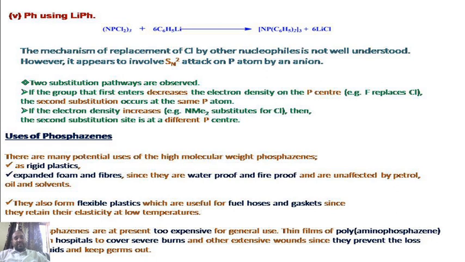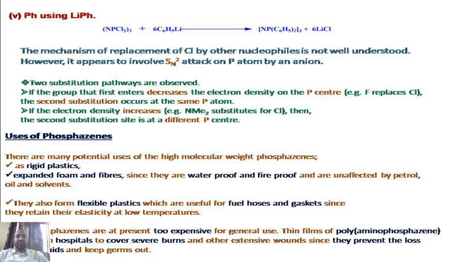We can also replace this chlorine with a phenyl group, using LiPh. The mechanism for the replacement of chlorine by the nucleophile is not well understood. However, it appears to involve SN2 attack on the phosphorus atom by an anion.